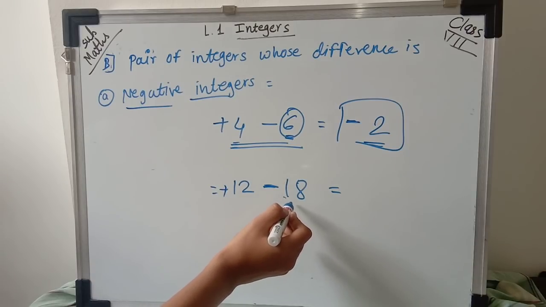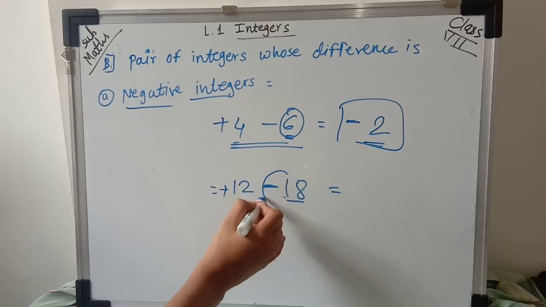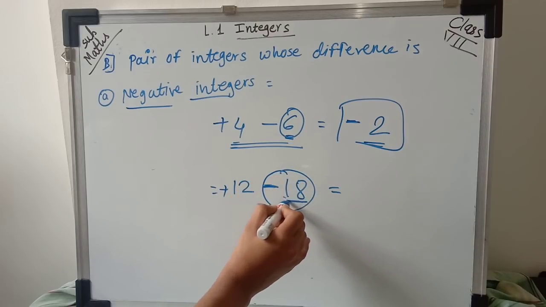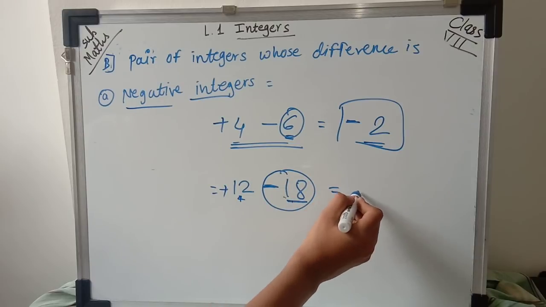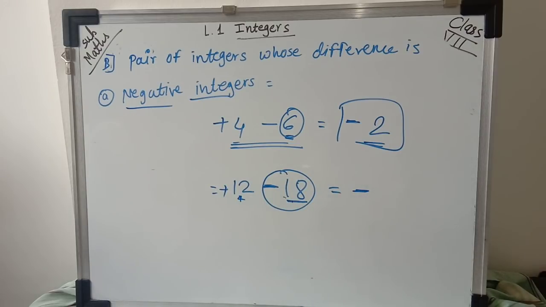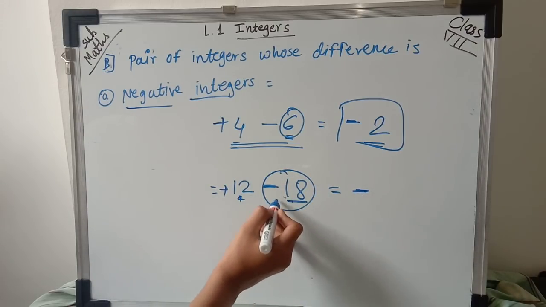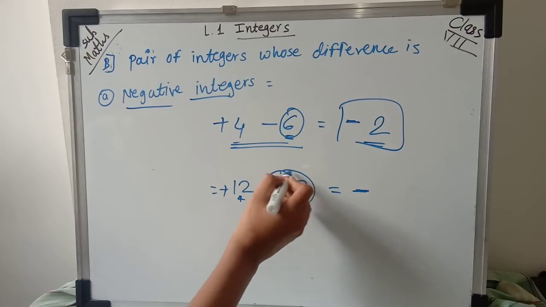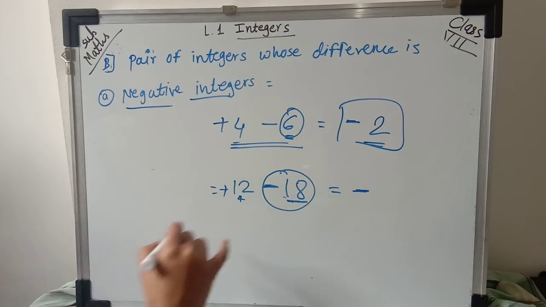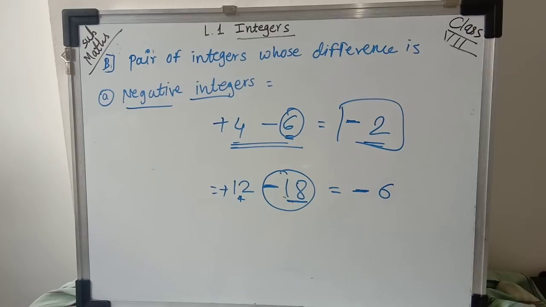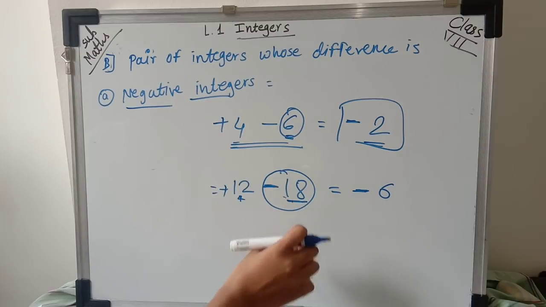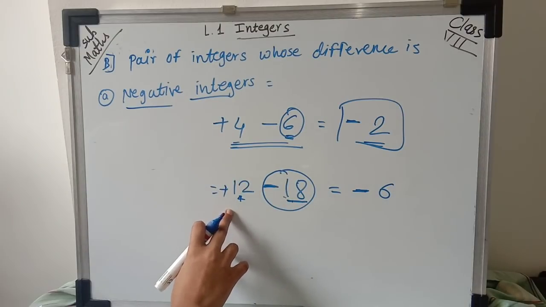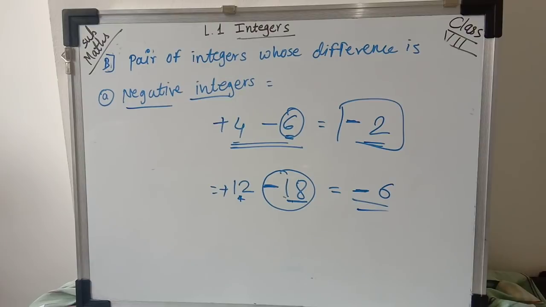If we see here, the whole number of the negative integer 18 is bigger than 12. So automatically whatever answer comes will take the sign of this integer, so 12 minus 18 is minus 6. Okay students, so remember the whole number of the negative integer should be greater than the positive integer, and then you will get the negative integer.